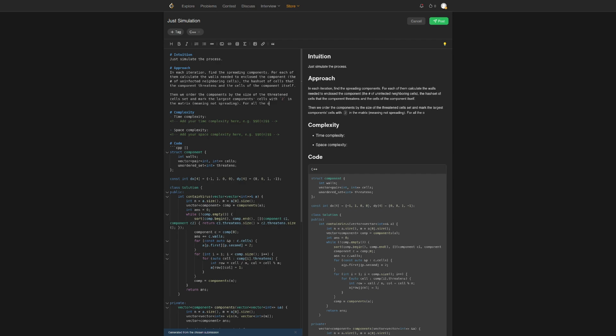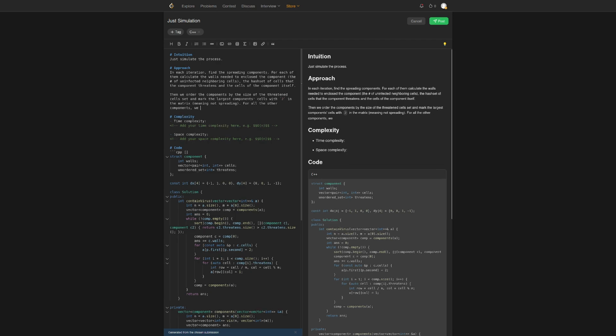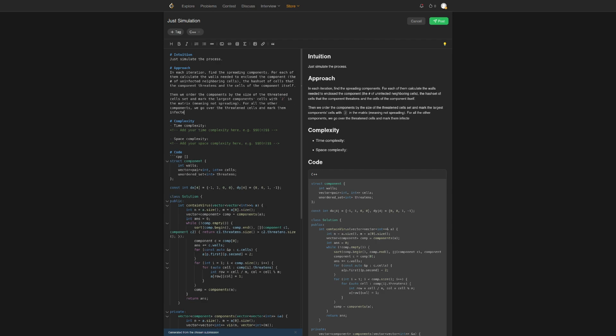For all the other components, we go over the threatened cells and mark them infected.